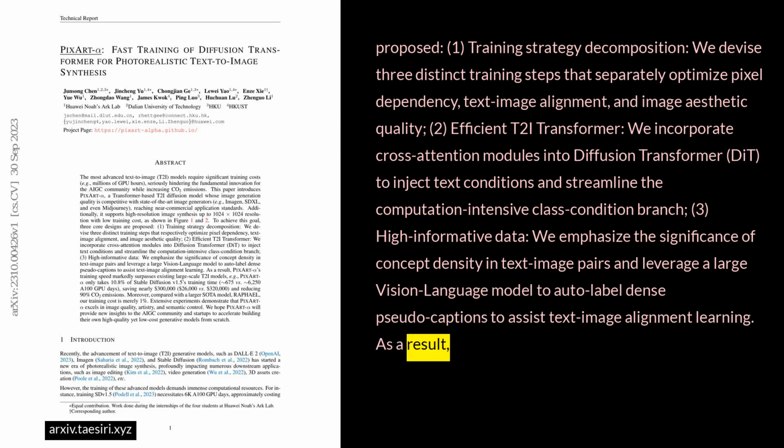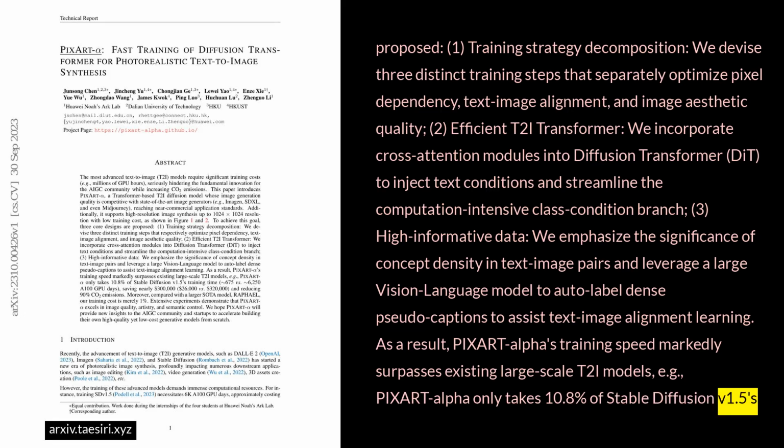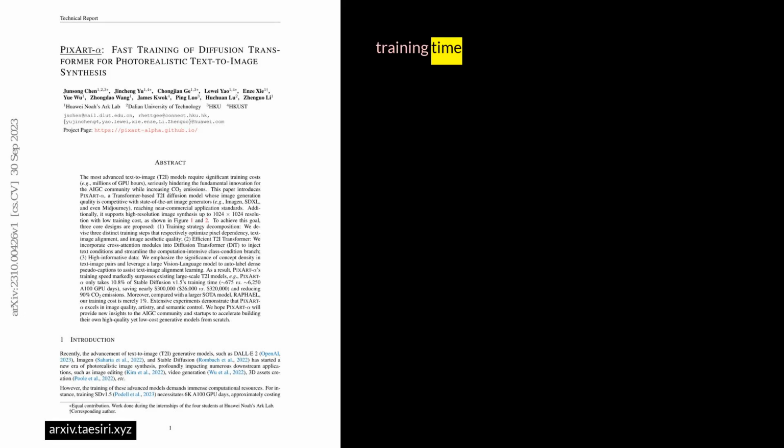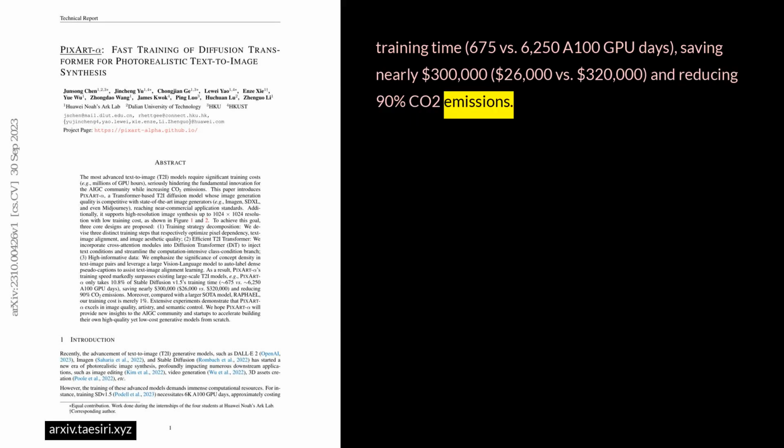As a result, PixArt Alpha's training speed markedly surpasses existing large-scale T2I models. For example, PixArt Alpha only takes 10.8% of Stable Diffusion v1.5's training time, 675 versus 6,250 A100 GPU days, saving nearly $300,000, $26,000 versus $320,000, and reducing 90% CO2 emissions.